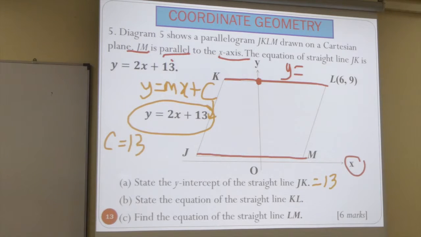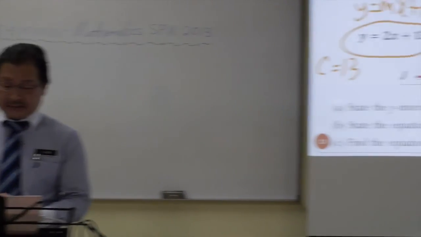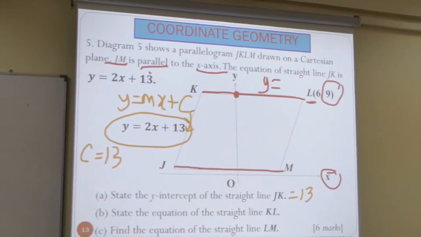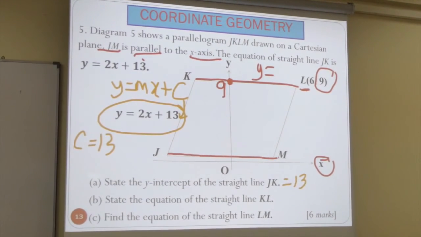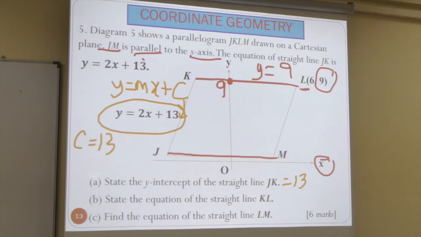From where can we get the point? From the coordinate L, isn't it? So how much is it here? 9. Correct or not? So therefore, the equation of KL will be y equals 9. Isn't it beautiful? So you write down y equals 9.